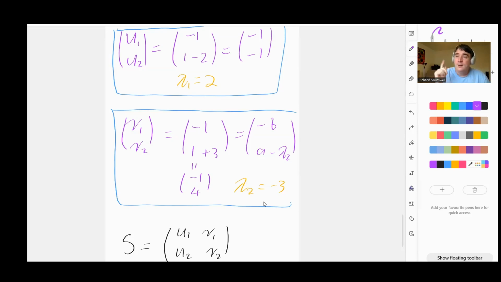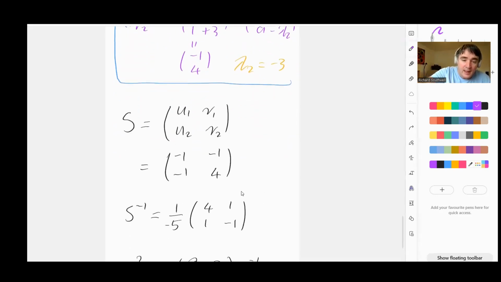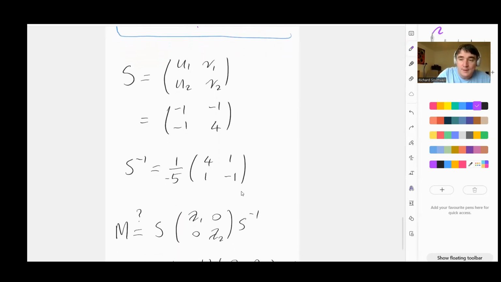And then what we do next basically is we want to form this matrix S that we can use to demonstrate that our original matrix M is similar to this diagonal matrix. So this matrix S is just formed by concatenating these eigenvectors here, and then we can check that this expression does indeed hold.